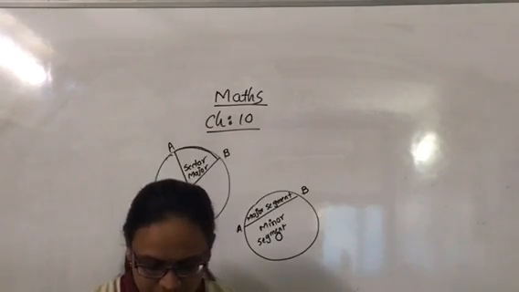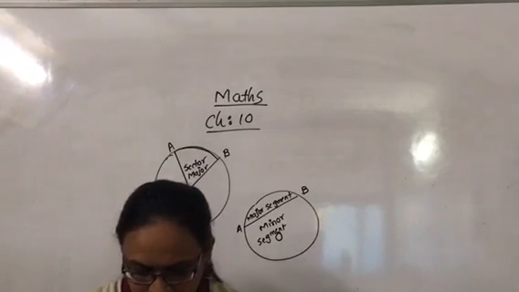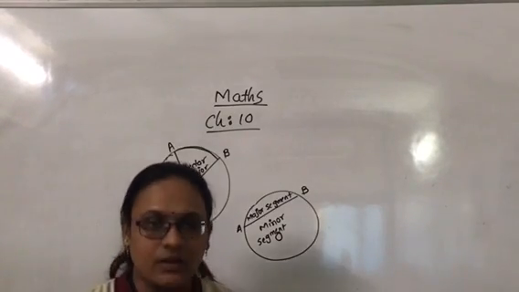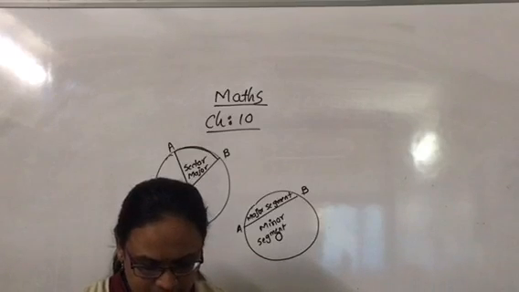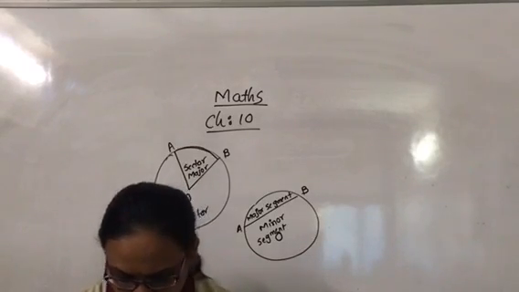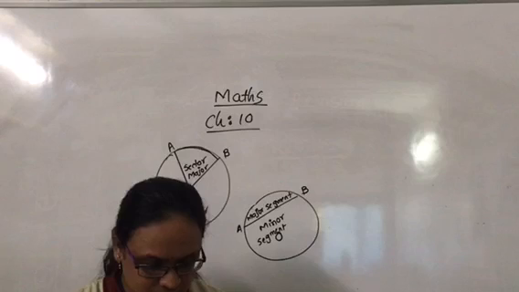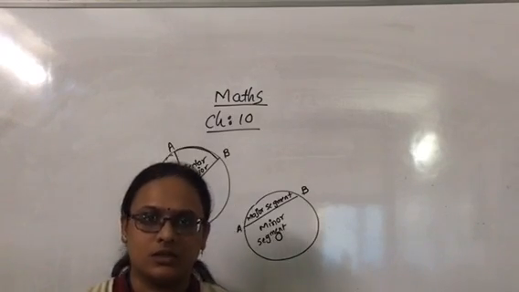This path traced by the tip of the seconds hand is called a circle. In this chapter, you will study circles, other related terms and some properties of circles.